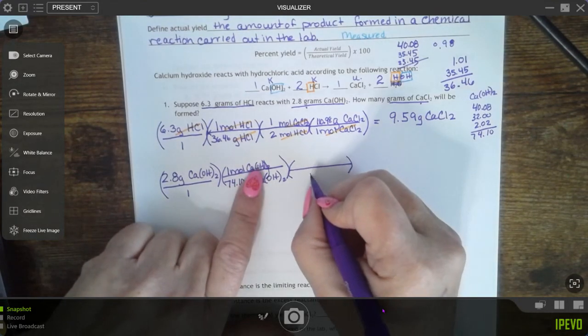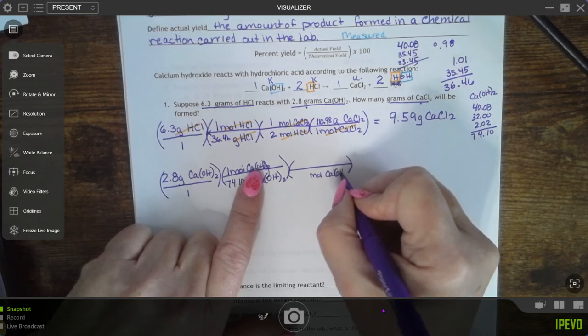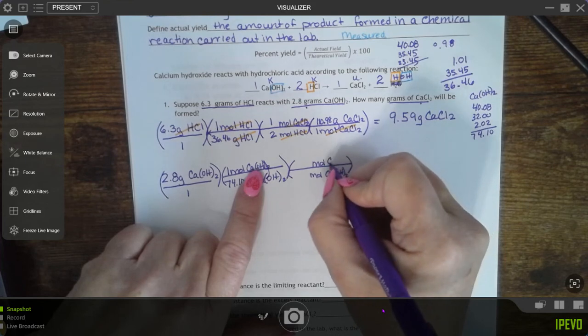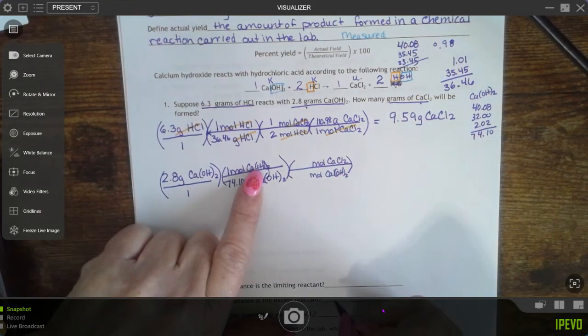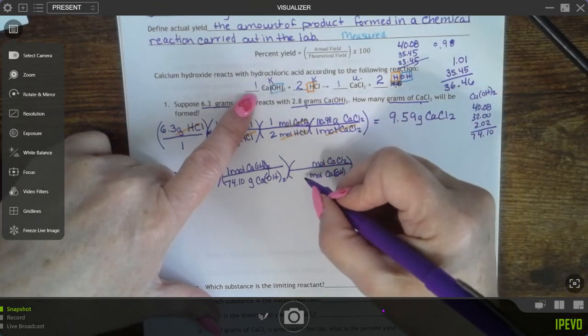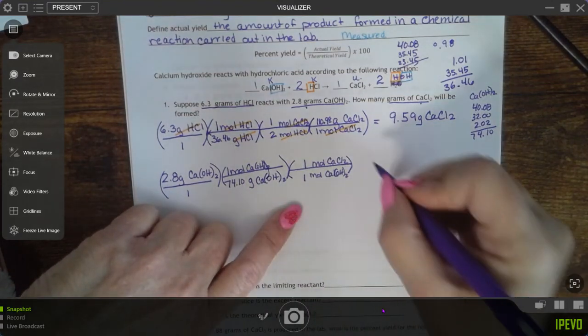All right. Our next step is going to be our mole ratio. So we're going to have moles of calcium hydroxide on the bottom and moles of what we're looking for, calcium chloride, on the top. This is where we get the numbers from our coefficients. So calcium hydroxide is 1, calcium chloride is 1.